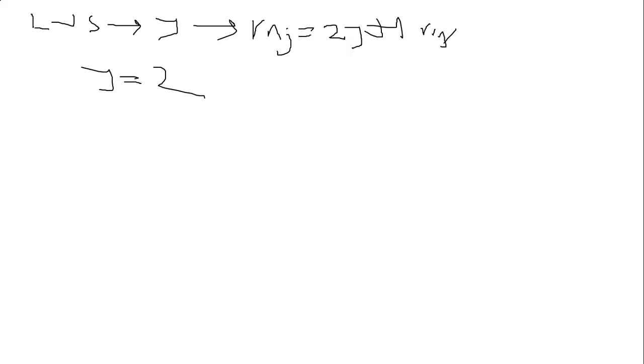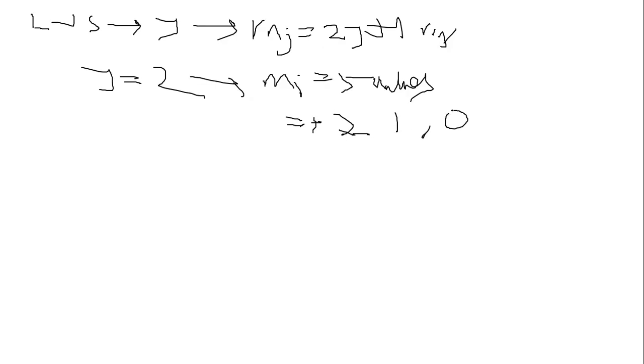So for j equals to 2, mj will be 5 values. What are they? They are plus 2, 1, 0, minus 1, minus 2.